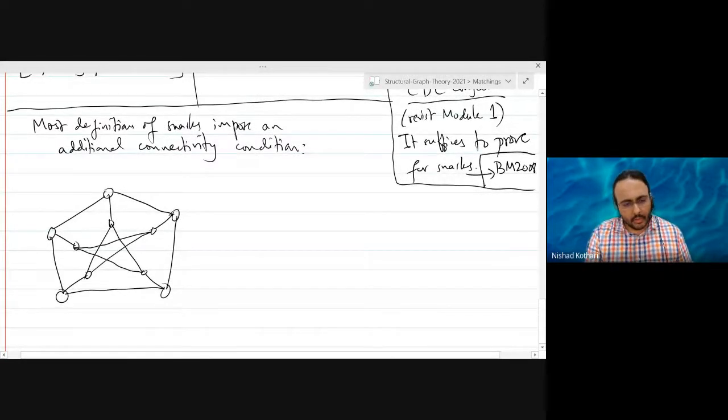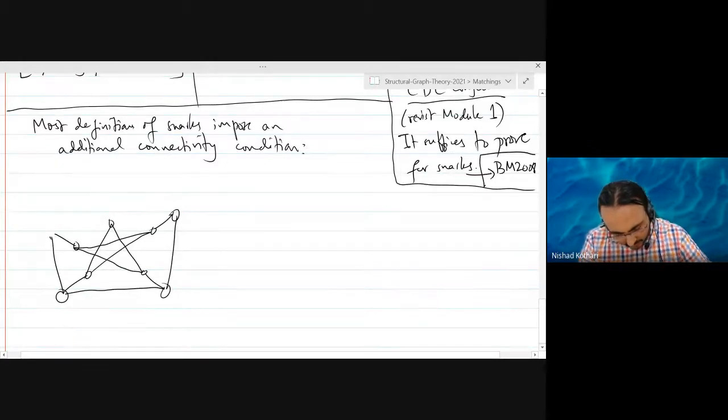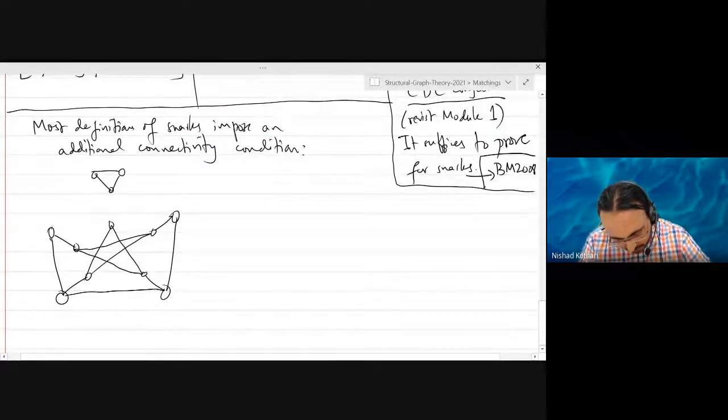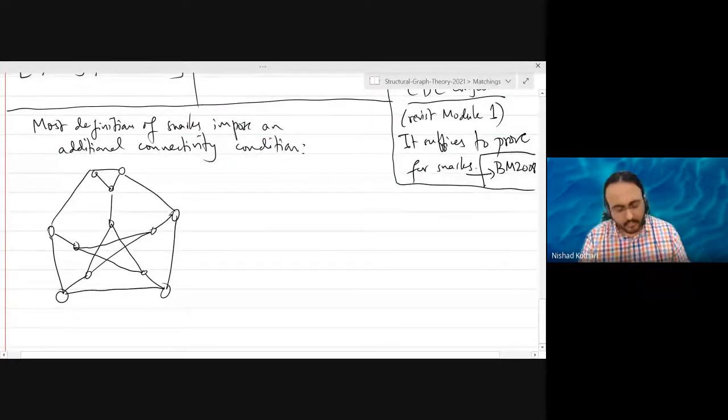And now what you can do is you can replace a vertex by a triangle. It turns out if you do this, you get another snark as per the previous definition, right? What's the problem? This is not really very interesting.